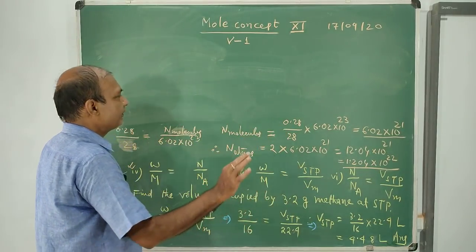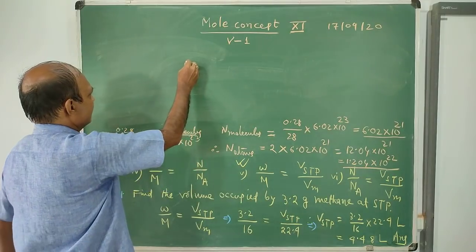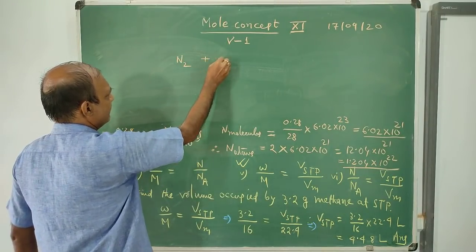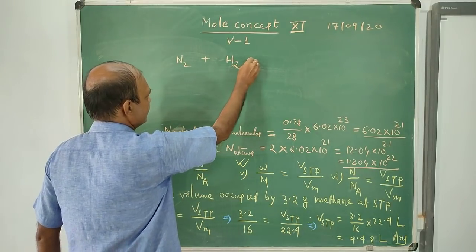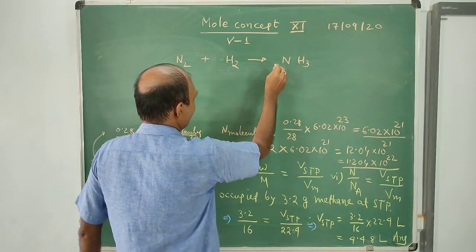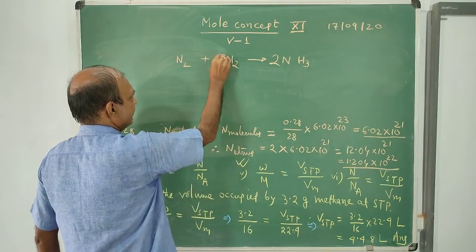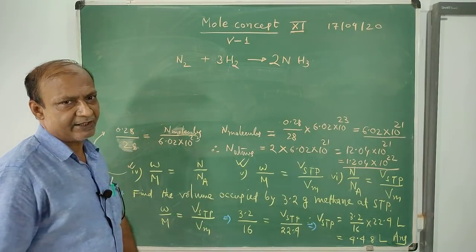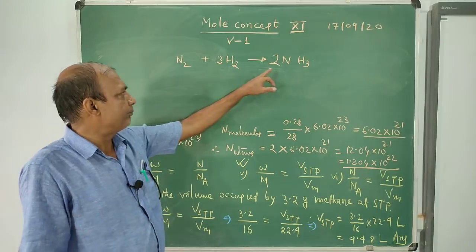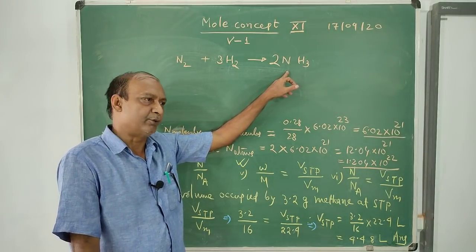Now see, to understand it, take an example of a chemical reaction: formation of ammonia from nitrogen and hydrogen. This is a reaction, and if you balance it, it will be this. It is balanced. You can say 1 molecule and 3 molecules producing 2 molecules, that you know.